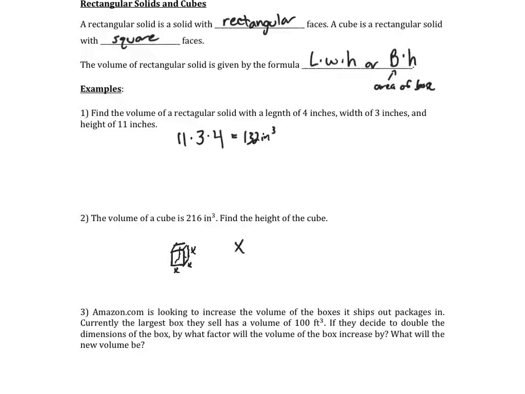So we know x cubed equals 216. So to find the height, which would also be the width, which would also be the length, we just need to take the cube root of both sides, and I would get x is equal to 6 inches.